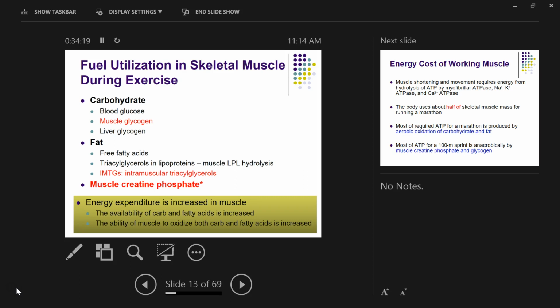And lastly, muscle creatine phosphate is an important energy fuel only for type 2X fibers, because 2X fibers are not able to oxidize fatty acids for energy. So creatine phosphate plus muscle glycogen are the most important sources for type 2 fibers.